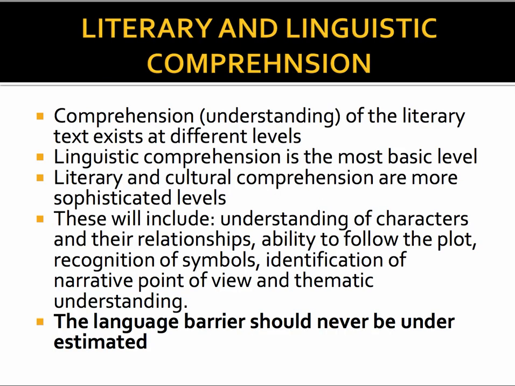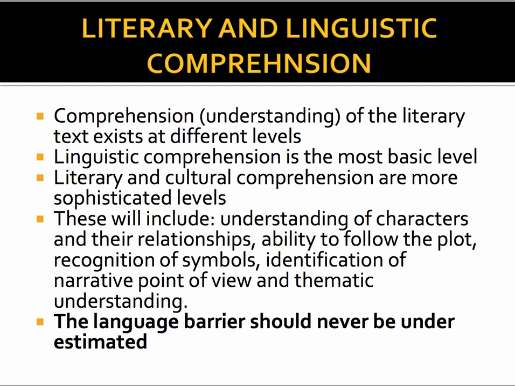And finally, just an overview of this whole issue of literary and linguistic comprehension. Obviously, at the most basic level, without understanding a text linguistically, without understanding the language, students cannot get anywhere, and that's one of the reasons why text selection is so important.